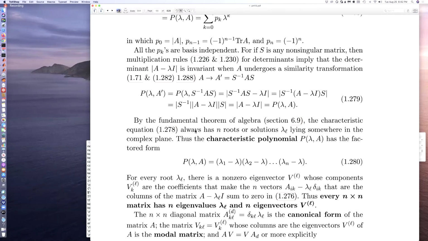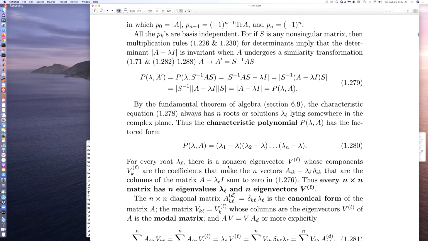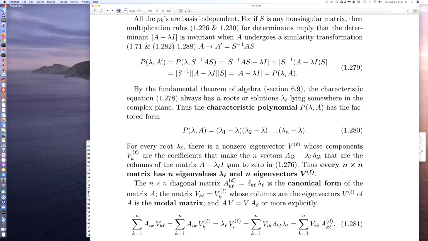When we do complex variable theory, we'll learn that any polynomial equation of order n has n roots in the complex plane. That means any n by n matrix has n eigenvalues and n eigenvectors.